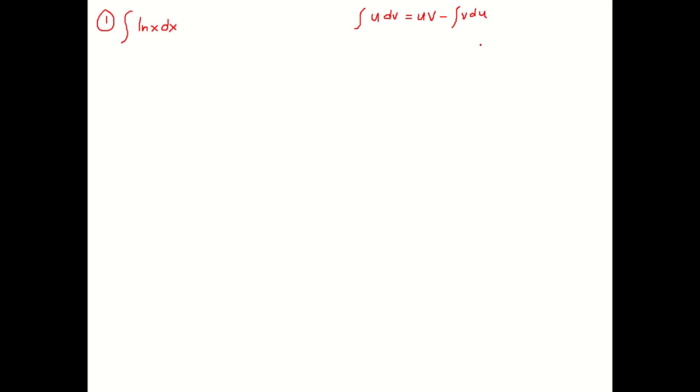So this is what we are going to refer to when we solve this problem, class. So it's a matter of finding what is our u, what is our v, then after that substitute it in this formula.